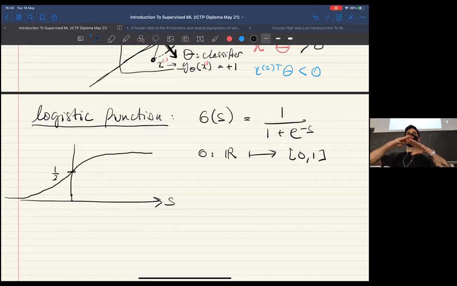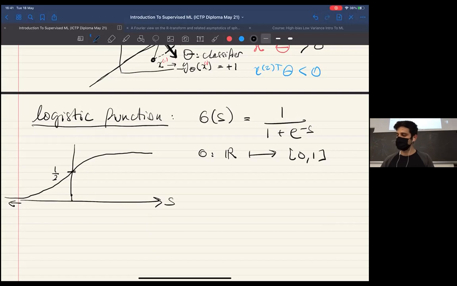So this type of functions in general, that when you approach -infinity, they converge to 0 or maybe to -1, but to some constant like this. And then it's monotonously increasing until it reaches another plateau, and asymptotically it converges to another constant, okay?